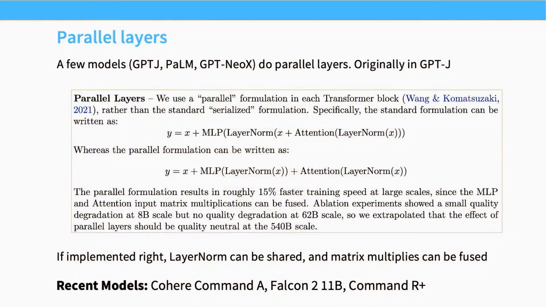And this was originally an idea that was in GPT-J, which is an open source attempted replication of GPT-3. And very interestingly, I think GPT-J has been surprisingly influential in propagating a lot of ideas. I mean, PaLM as well. Google is actually surprisingly bold with the architectures that they do. But the description in PaLM, which you can see in their report, is the following.